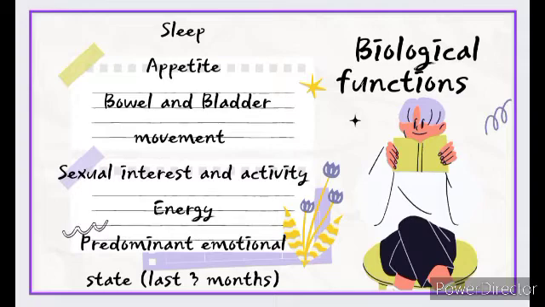We have to gather that. Whether bowel and bladder movement is there or not, sexual interest and activity is there or not. Predominant emotional state means what type of emotional state the individual has had over the last 3 months.